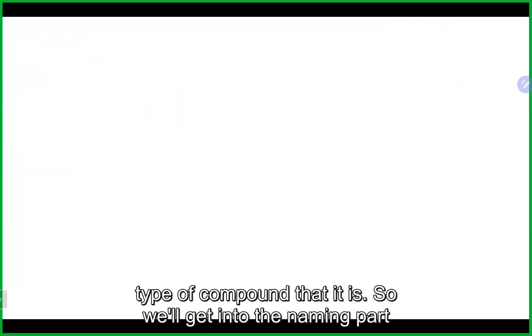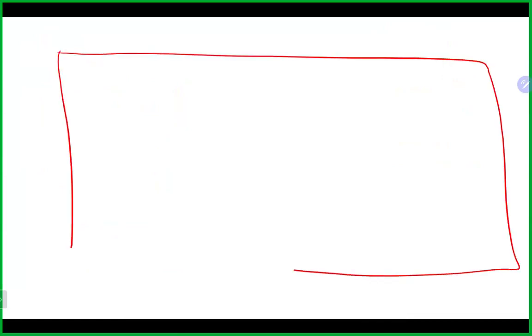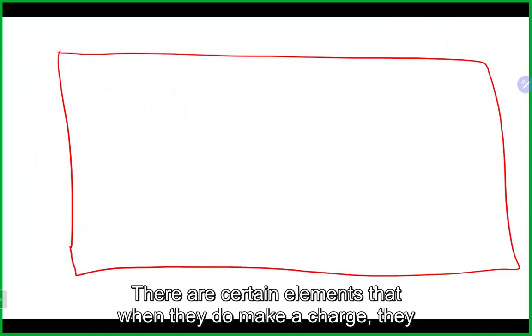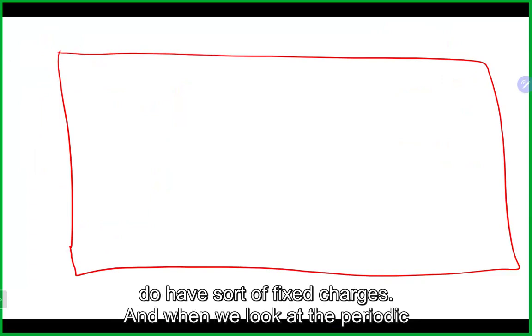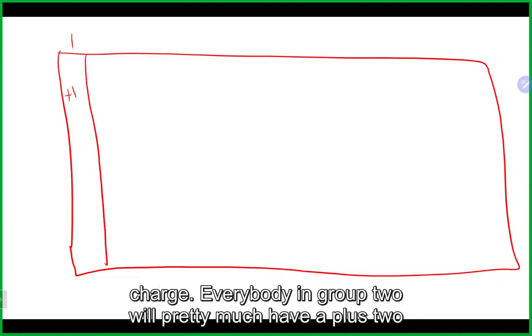So we'll get into the naming part here first, using a drawn periodic table. There are certain elements that when they do make a charge, they have fixed charges. When we look at the periodic table, everybody in group 1 pretty much will have a +1 charge.